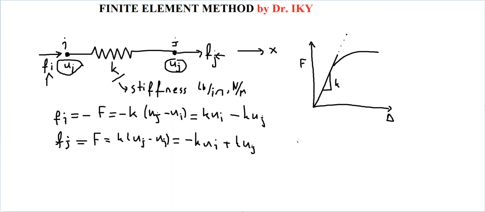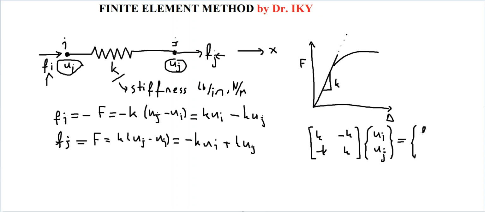So in the matrix form, we have already written K, minus K, minus K, K, and the nodal displacement vector Ui, Uj. Sometimes people use D for displacement. It is equal to the force vector Fi, Fj.